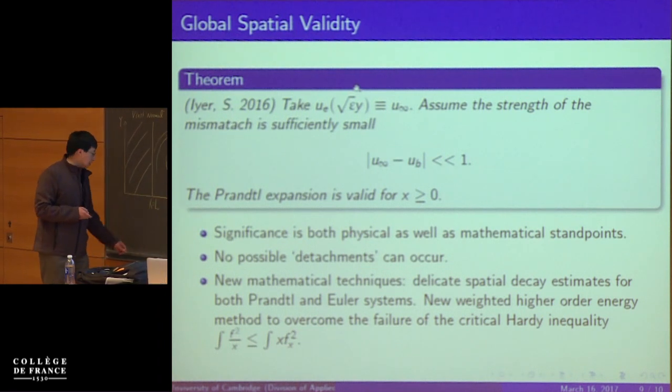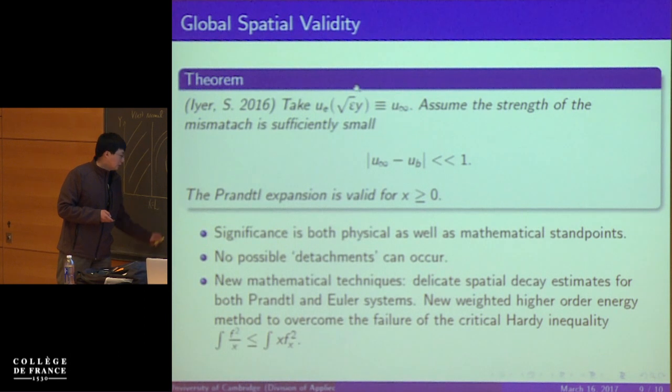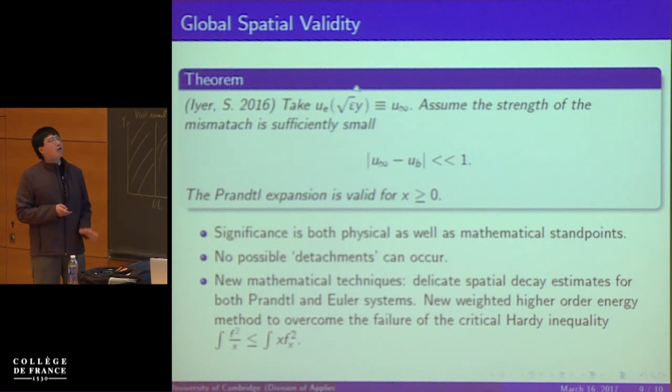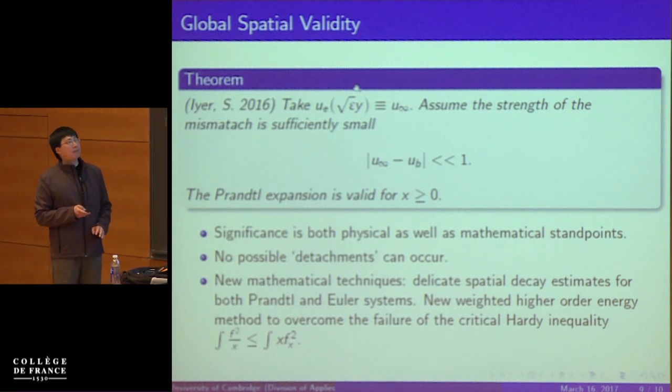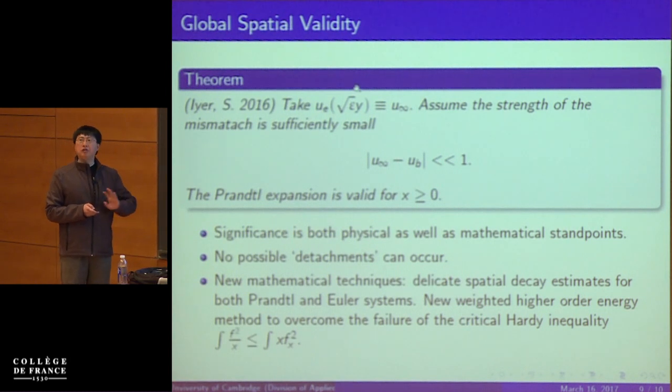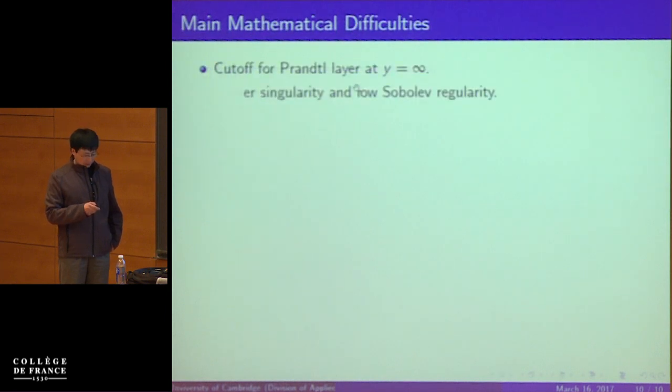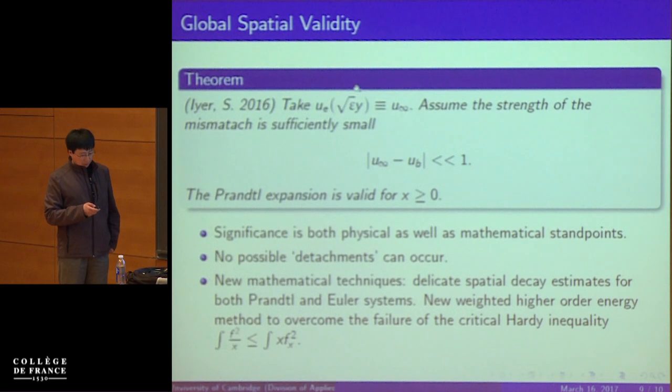So the important thing is the decay when X is large. Decay in X. You have to study the decay very, very carefully. Even though he got all the sharp decay he could have, there's still a key difficulty, where exactly the decay is at a critical Hardy inequality level.